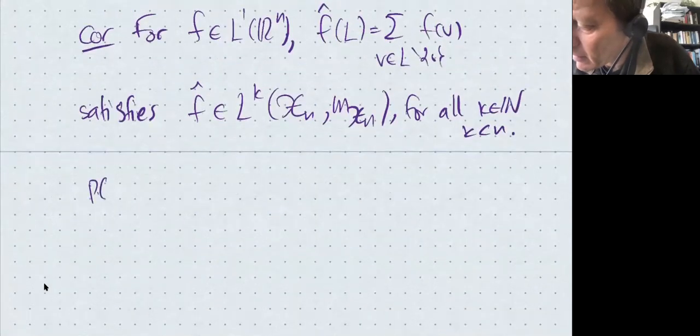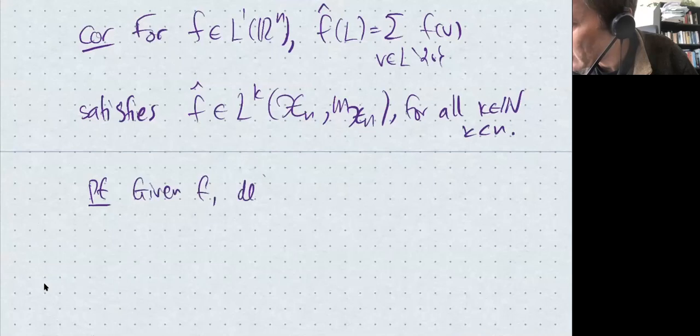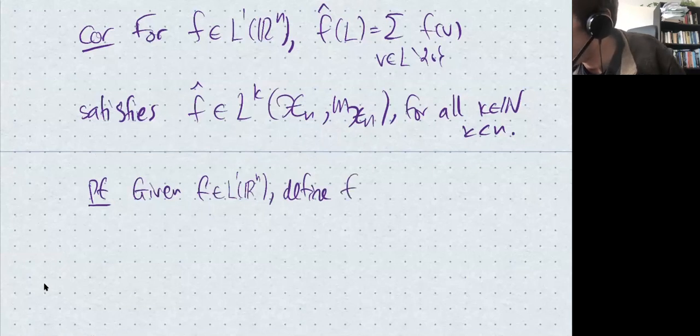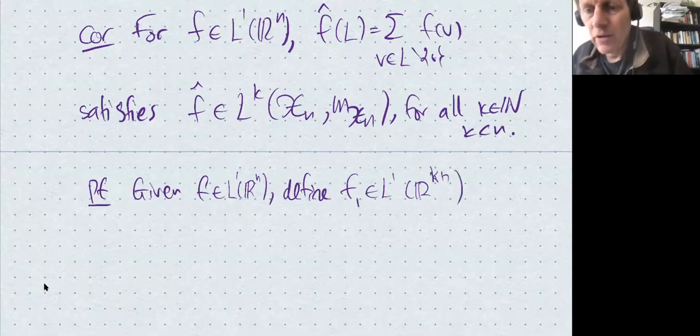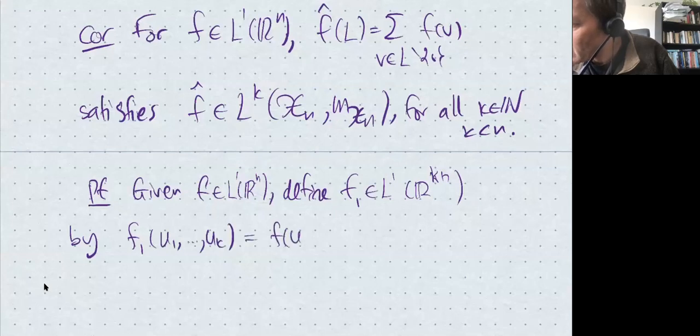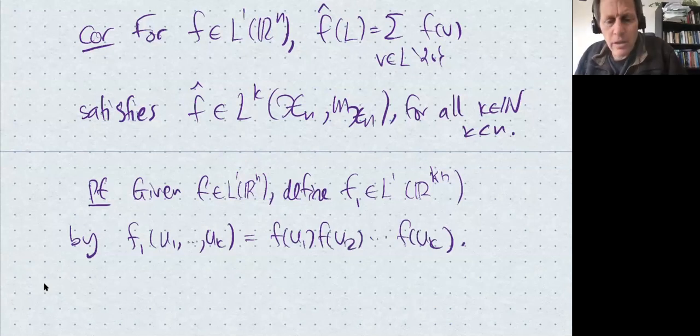And the reason is, given f, define f1, a map from L^1 of R^n to L^1 of R^(kn), both with respect to Lebesgue measure, where the value of f1 on a k-tuple is the product of the original f on those k elements.